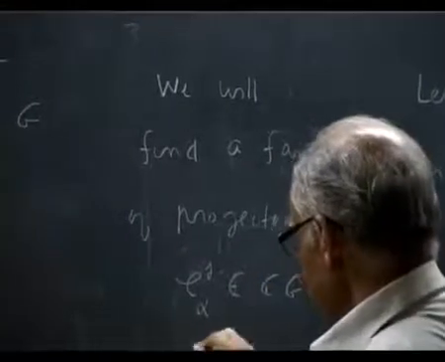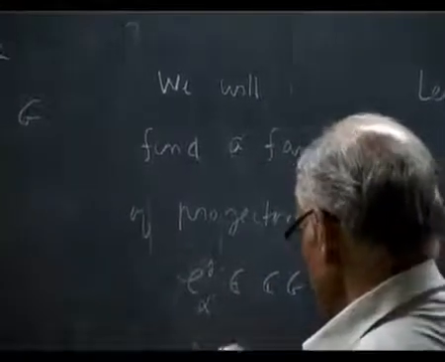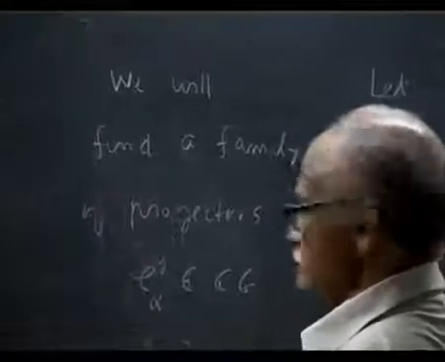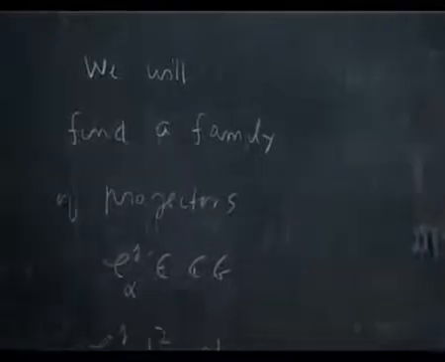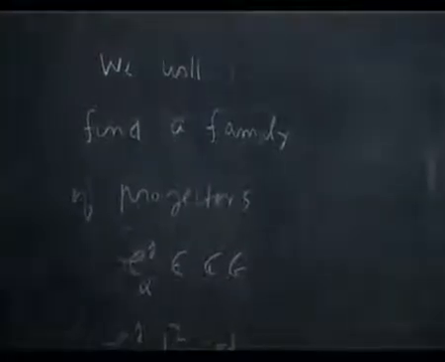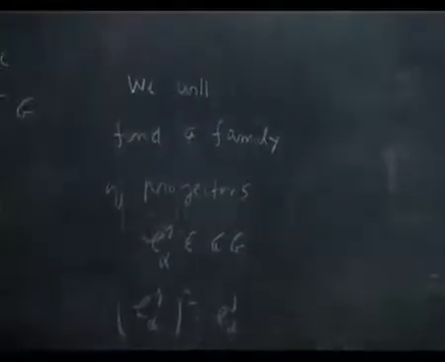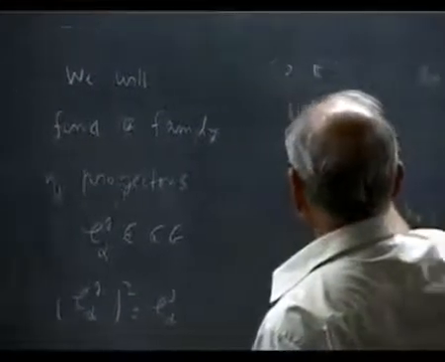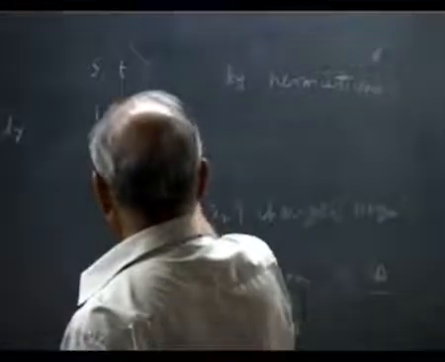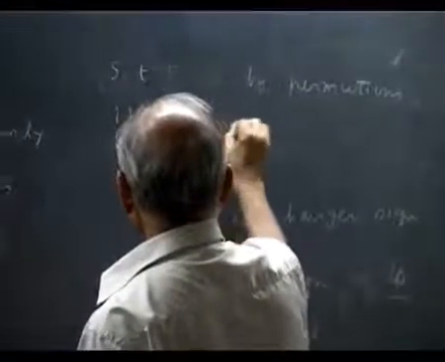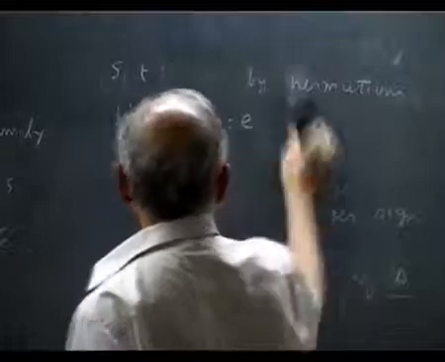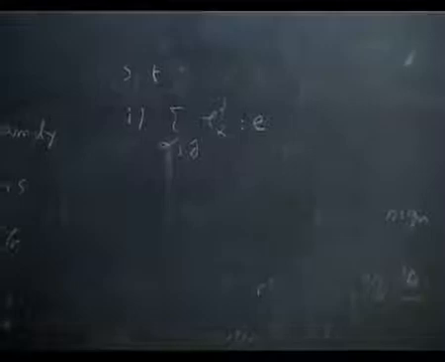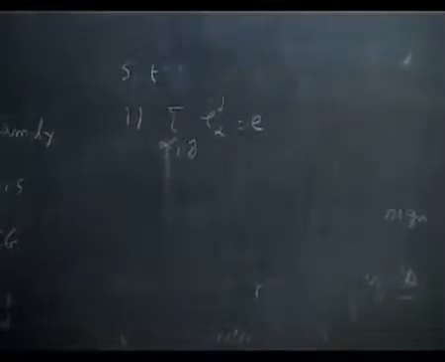E alpha j squared is E alpha j, such that if I sum over alpha and j, E alpha j, I get the identity. So I am decomposing the identity of the group into a family of projectors.